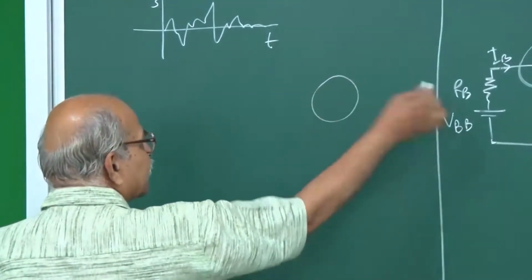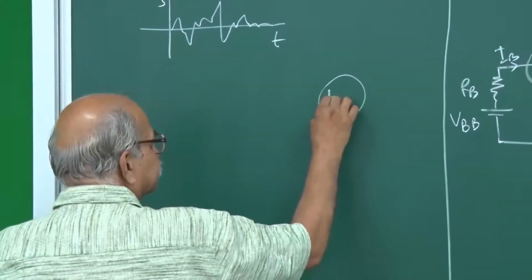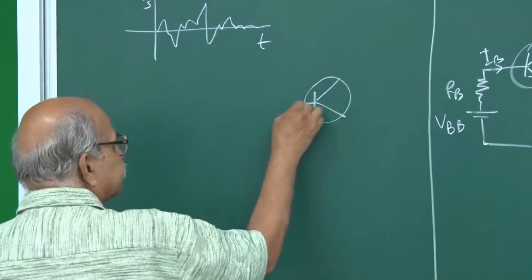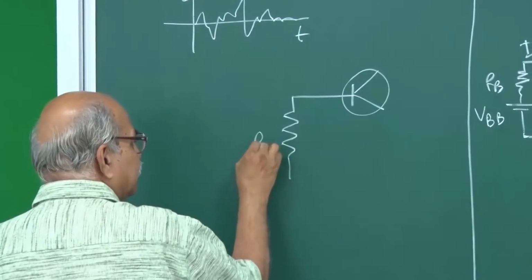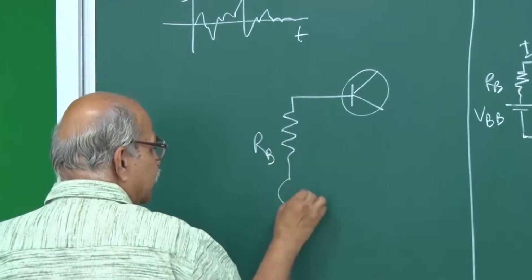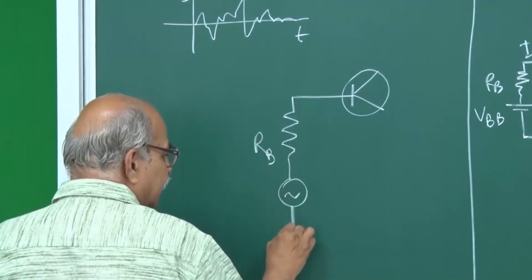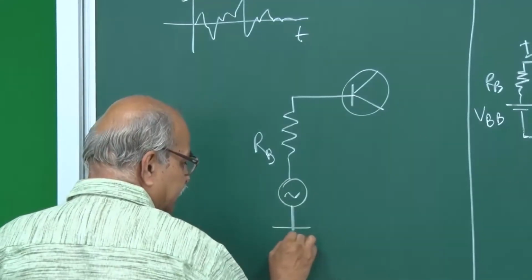Let me draw a fresh diagram. Same diagram I am repeating. So this is RB, and then I have this signal here, and then I have this biasing battery.